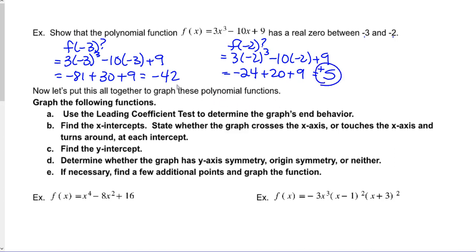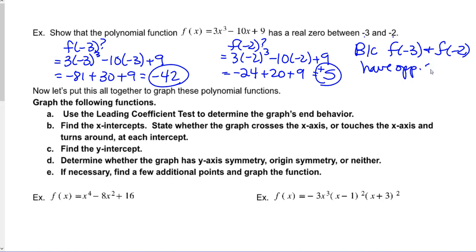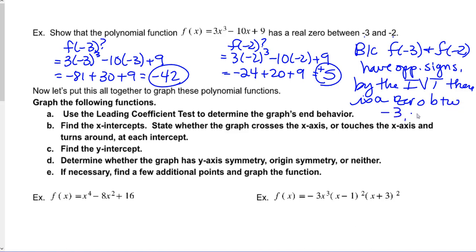This one is positive, this one is negative, so yes, that shows this has a real 0 between there. So because f of negative 3 and f of negative 2 have opposite signs, by the intermediate value theorem, there is a 0 between negative 3 and negative 2.